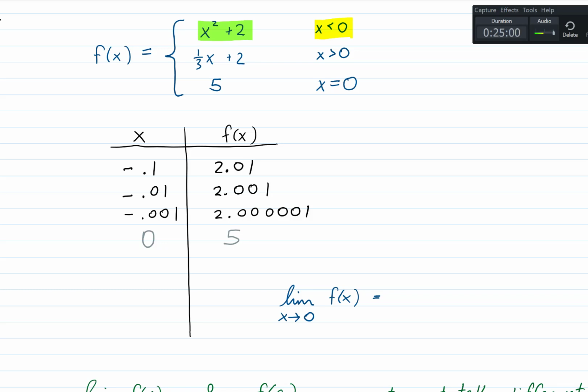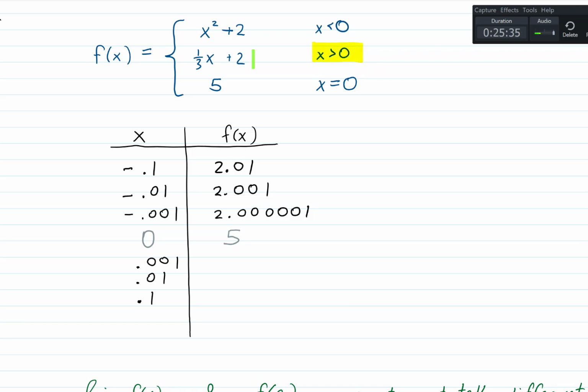Okay? All right, now let's flip to the other side, the positive numbers, and let's write down some positive numbers that are approaching 0, like 0.1, 0.01, 0.001. Okay, I think that's probably good enough. Okay, so those numbers are positive, which means I should be looking here.